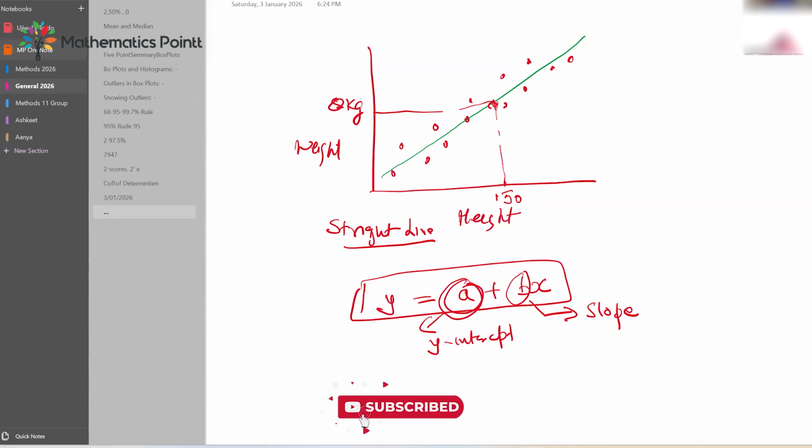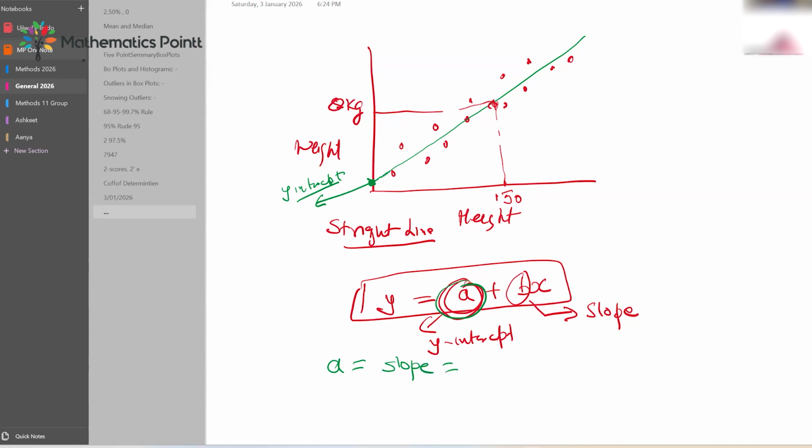Let's see what is y-intercept in this scenario. If I just extend this line a bit, that point is the y-intercept, the point where the line hits the y-axis. And what is B? B is the slope. What is the definition of slope? Slope tells me rise over run. Yes? And what is rise over run?